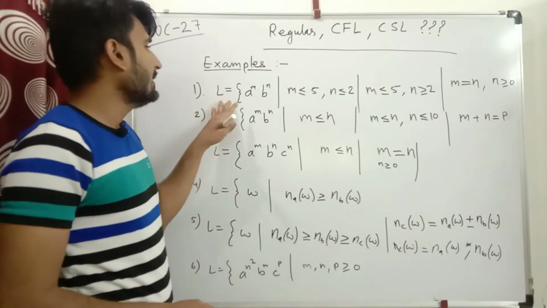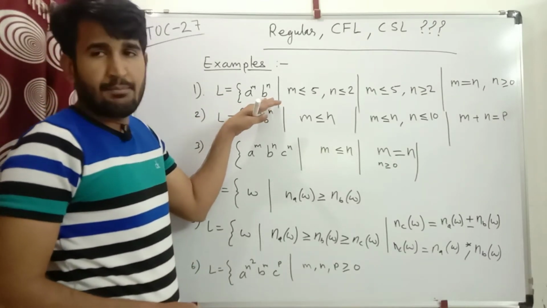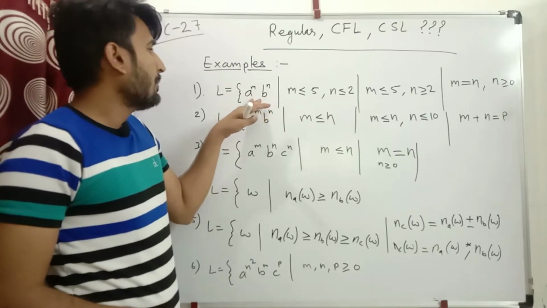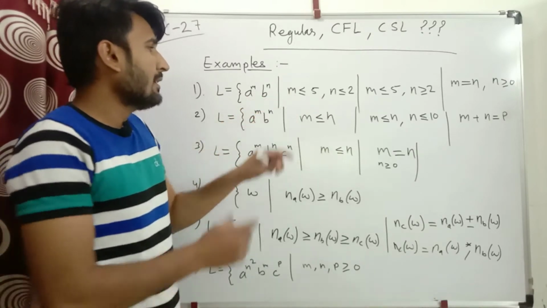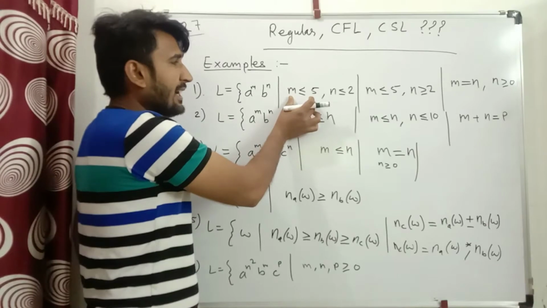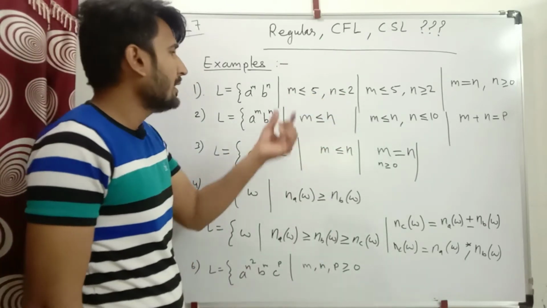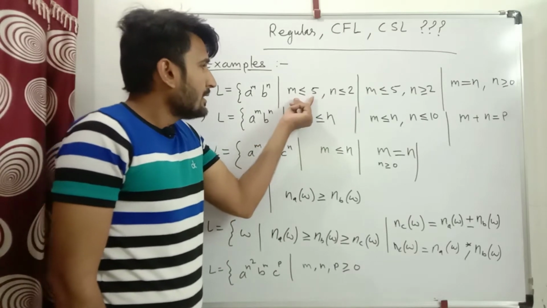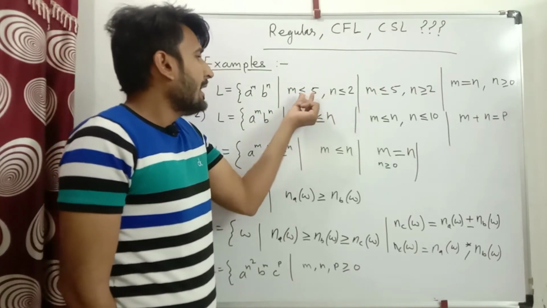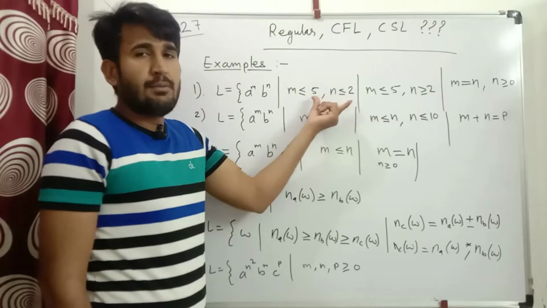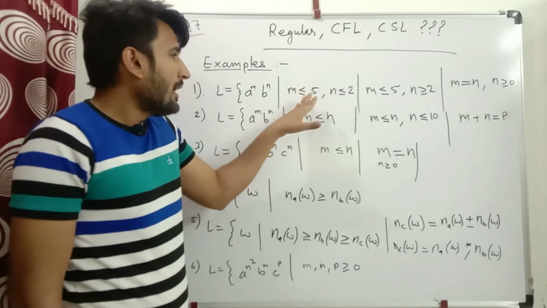The given language is a^m b^n, where m is less than or equal to 5 and n is less than or equal to 5. Carefully see, there is an upper limit given.